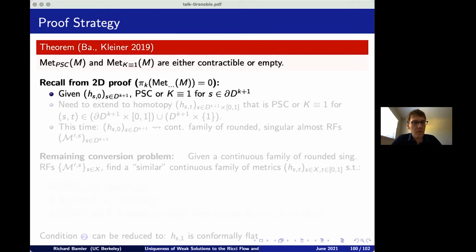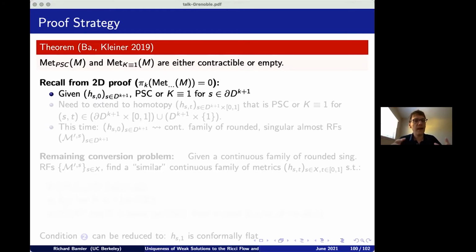Well, we would assume that there is a family, a K-sphere of constant curvature or PSC metrics, that those are given. Okay? And then we could fill in this K-sphere of metrics by a K+1 disk of just arbitrary metrics. Okay, so this is what we've done in the previous case. Right? So assume that we have a map from S^K into the set of PSC or constant curvature metrics.